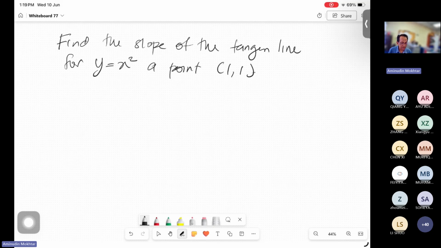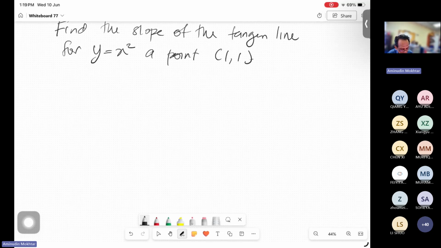We have a curve here, y equal to x squared, and then the point (1, 1). How do we draw this equation? This is the basic quadratic function.